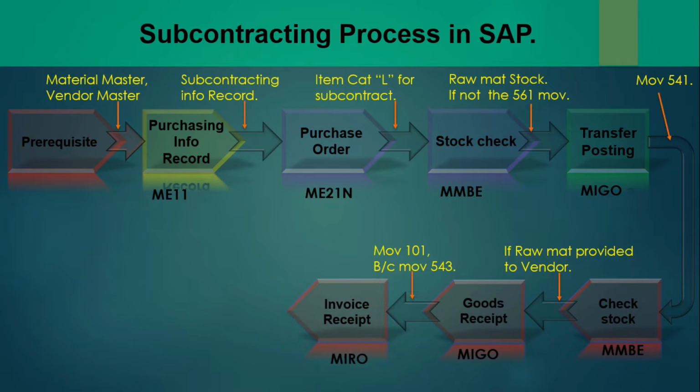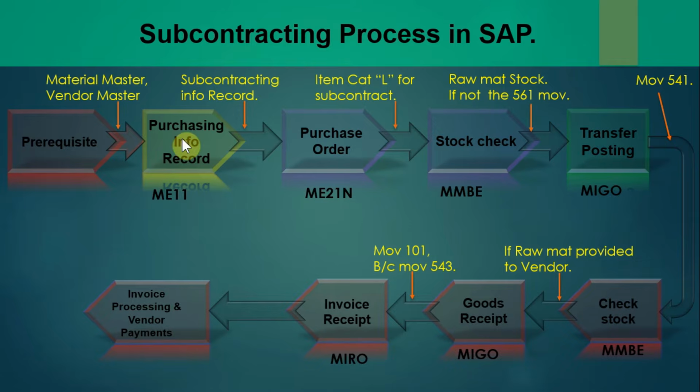Then normally we perform our invoice and then the rest of the things to complete the vendor payments. That's how it works in SAP. Now we will see exactly how it will work in SAP. So let's go into SAP and see.